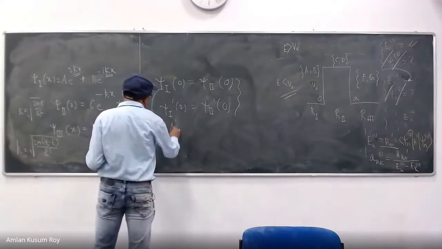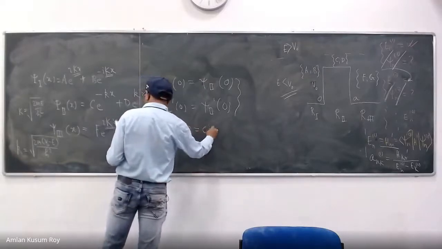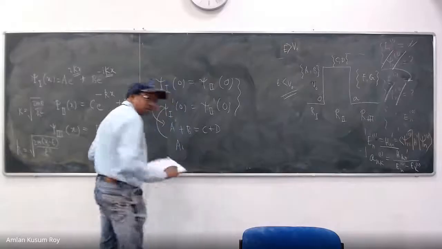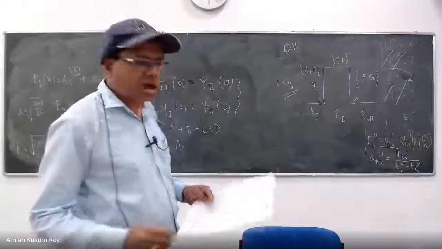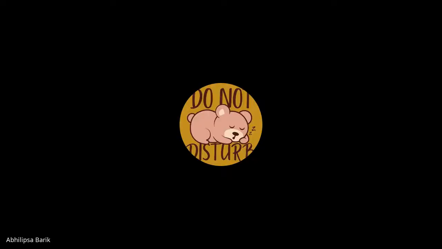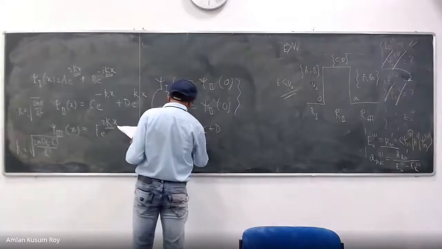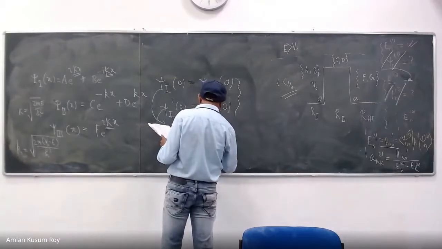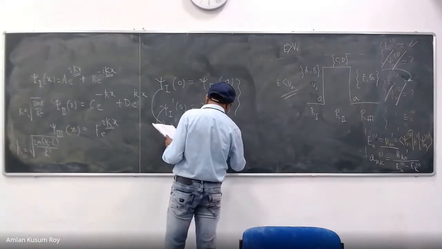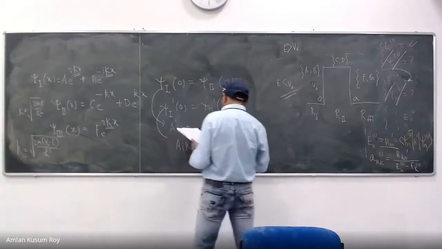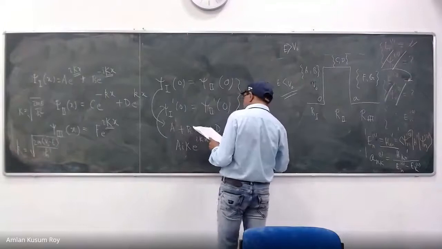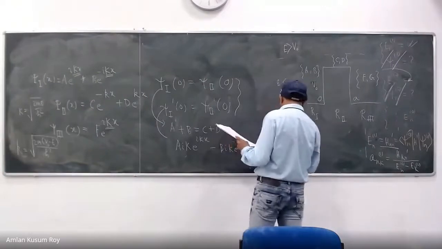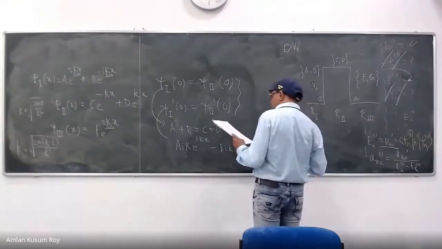This one gives very quickly A plus B equal to C plus D, and for this one you need to do the derivative: A i k e to the power i kx minus B i k e to the power minus i kx is equal to minus kappa C plus kappa D. I'm just writing, it's a little bit tedious, but if you do not do these things, you will be in trouble.